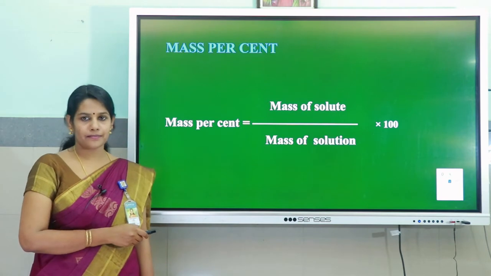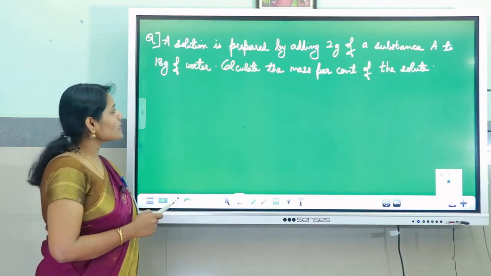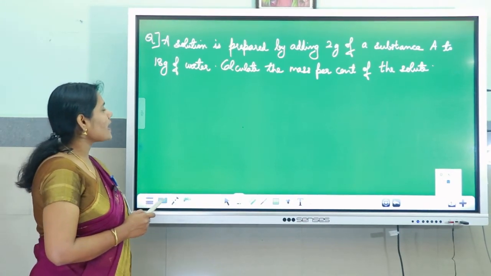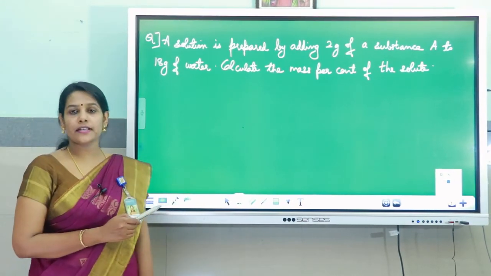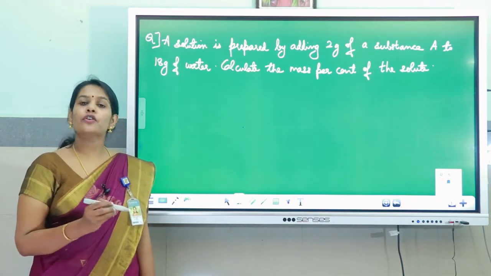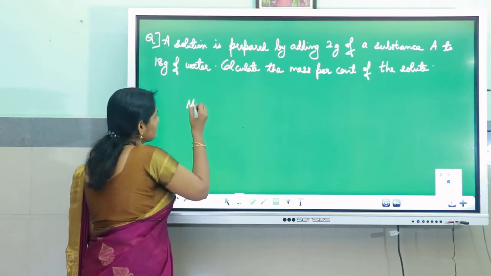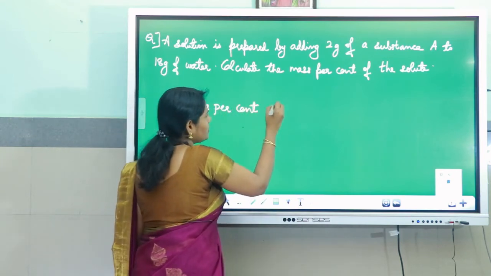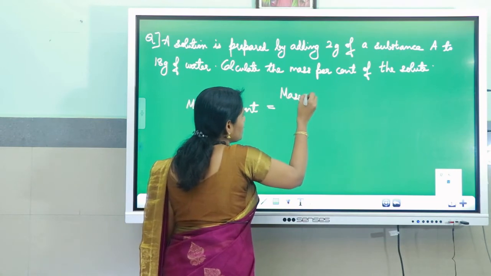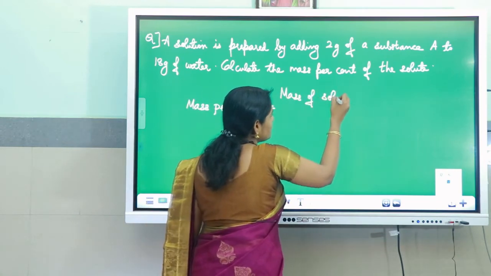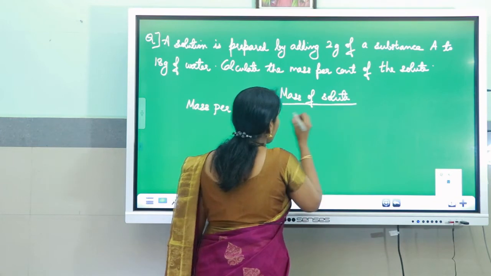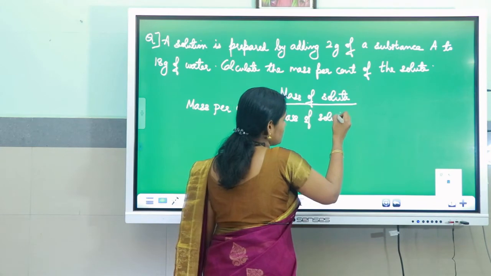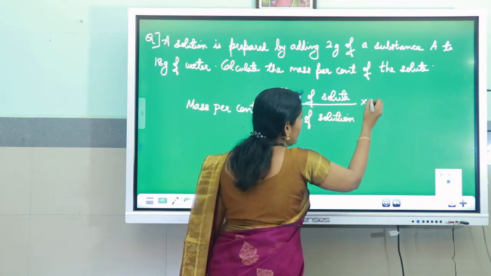Now, let us do one problem. The question is, a solution is prepared by adding 2 gram of a substance A to 18 gram of water. Calculate the mass percent of the solute. So, we know that mass percent is equal to mass of solute divided by mass of solution into 100.